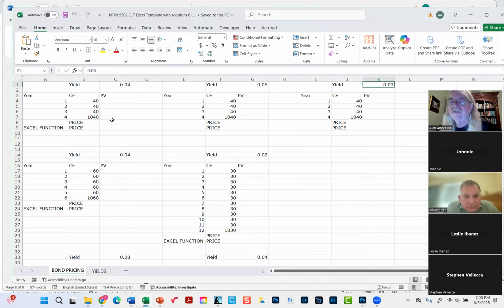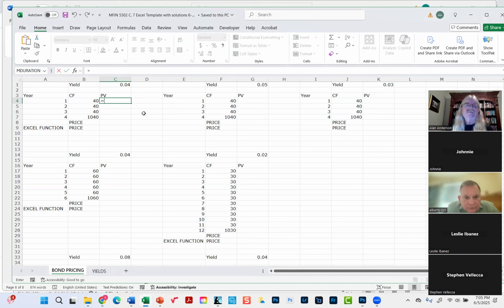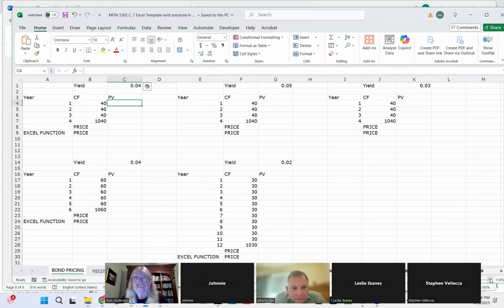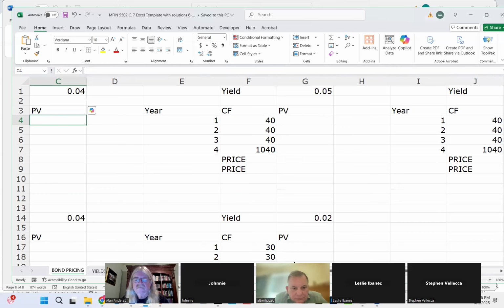And now we already know what the answers are, but we're going to calculate the present values of the individual cash flows and add them up. Okay. So here's how you'll do it. You can go to the cell. Let me just make this bigger so you can actually read it.